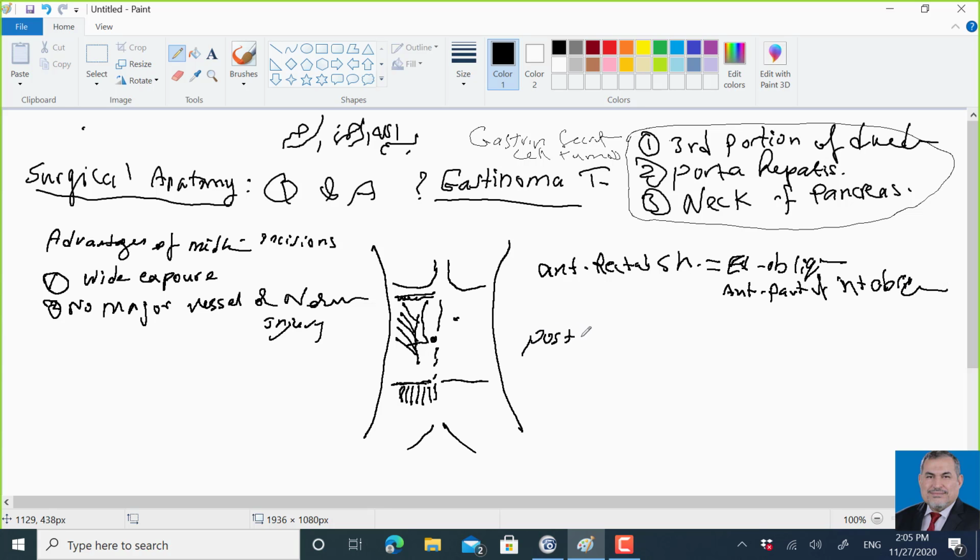Posterior rectus sheath: the posterior part of internal oblique and transversalis fascia. Okay.